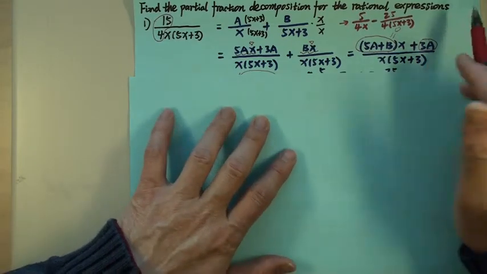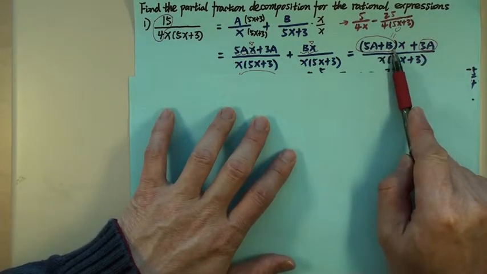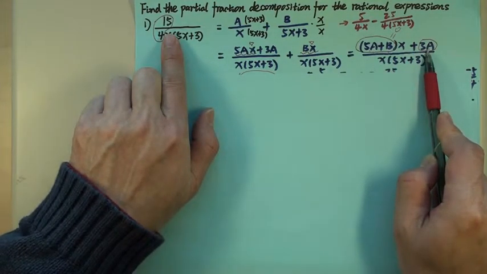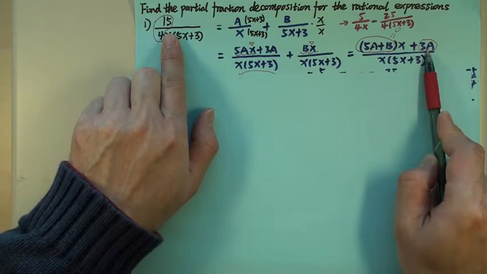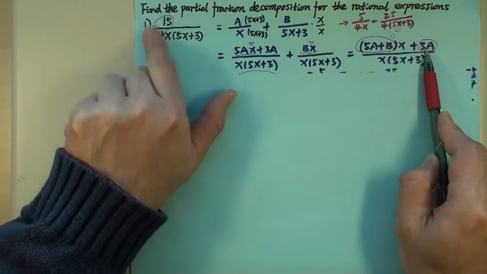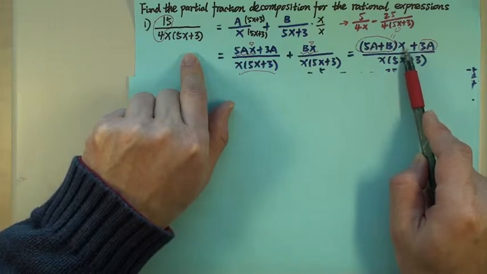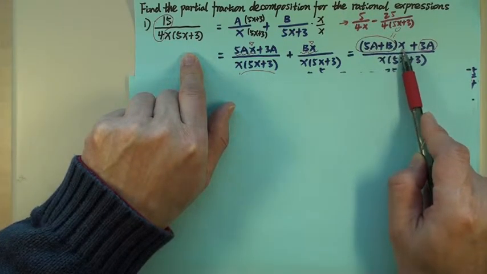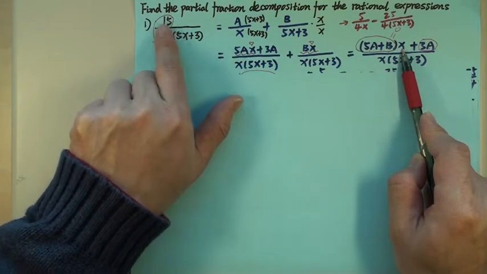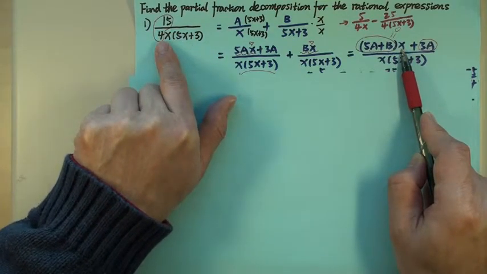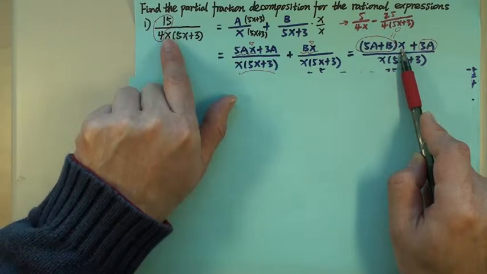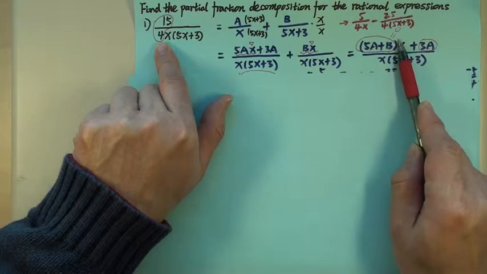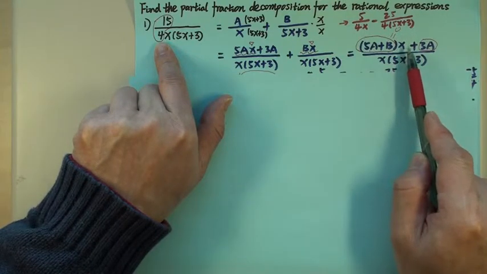Now, we're going to compare 5a plus b times x plus 3a with the original one to see what's the difference. Apparently, in the original there is no term containing x. We have 5a plus b times x, comparing to this one, where the numerator is the constant 15 over 4. Then we know 5a plus b has to be 0, because 0 times x is 0.